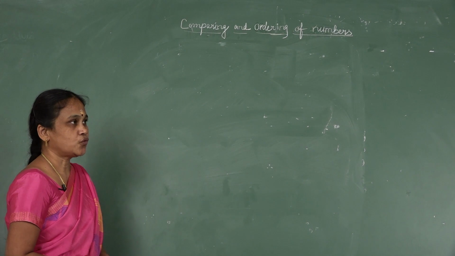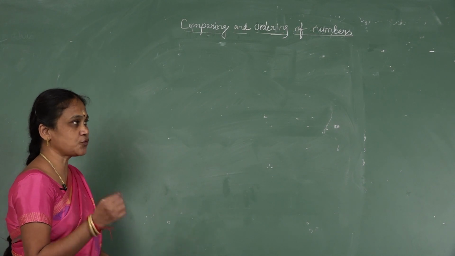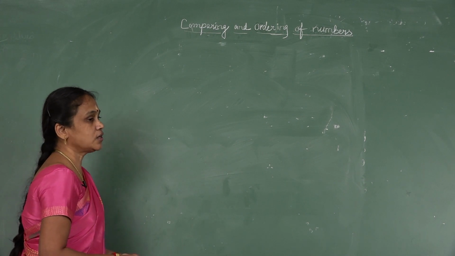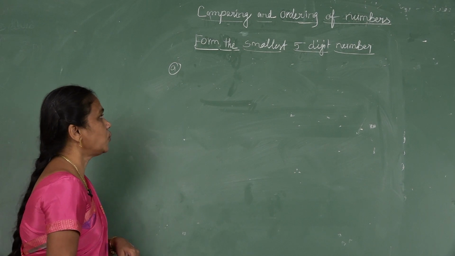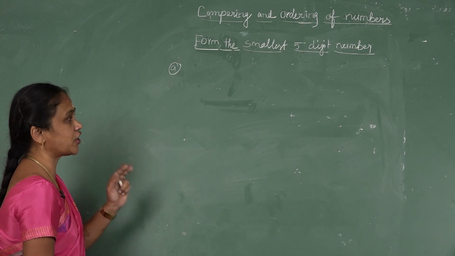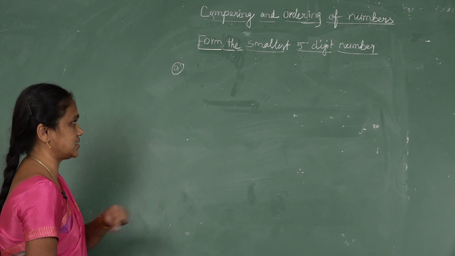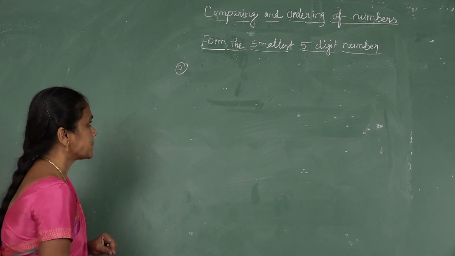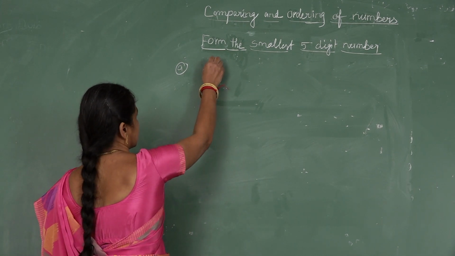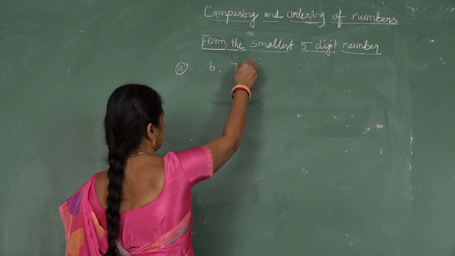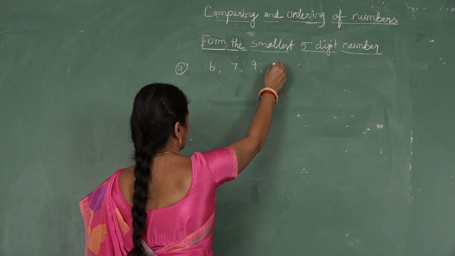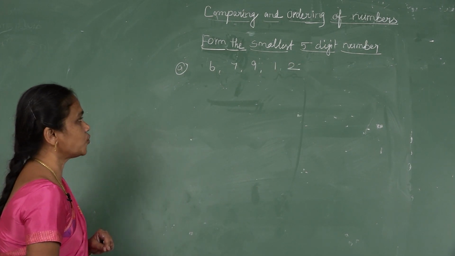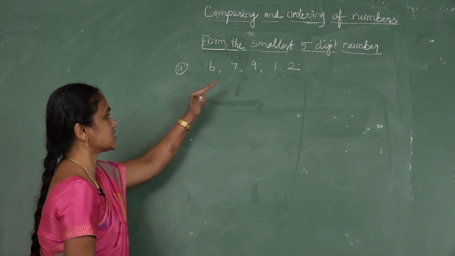Now we see forming the smallest and greatest 5-digit number using given digits. First we see how to form the smallest 5-digit number. For example, 6, 7, 9, 1, 2. How do you form the smallest 5-digit number using these digits?